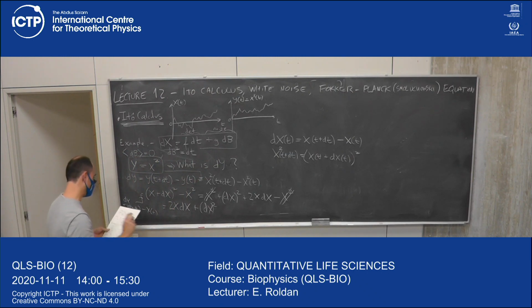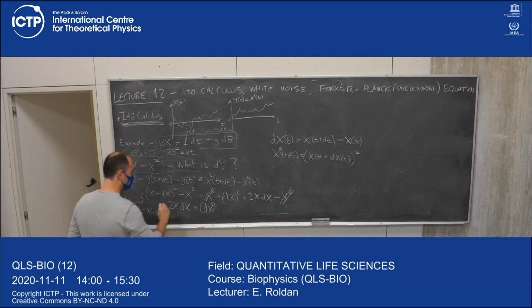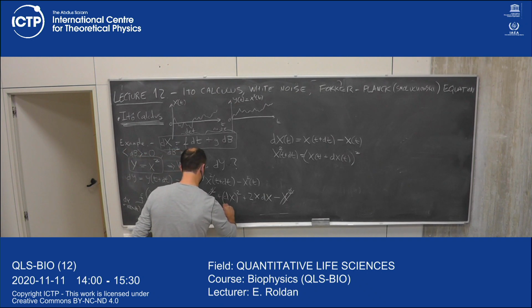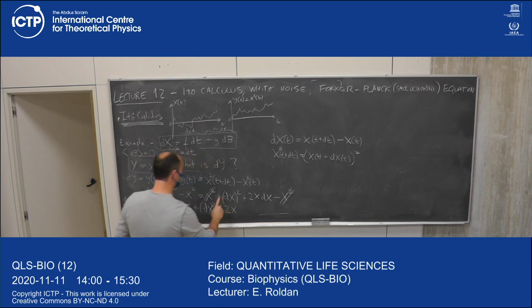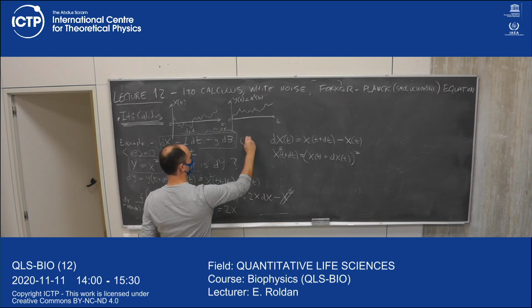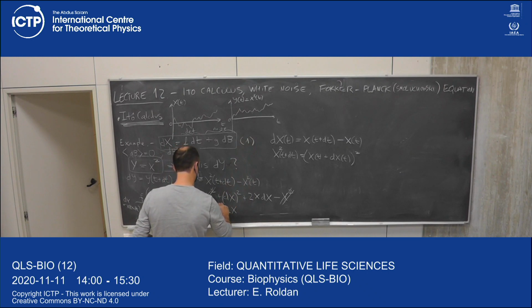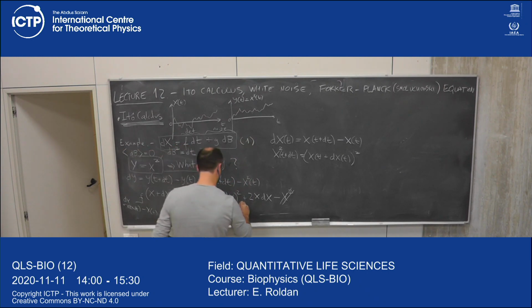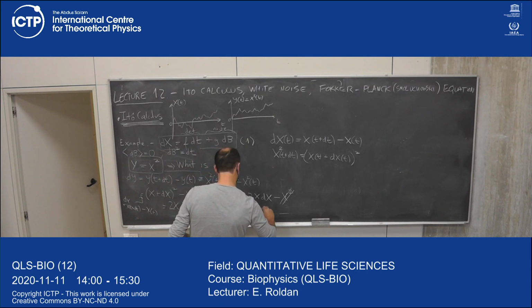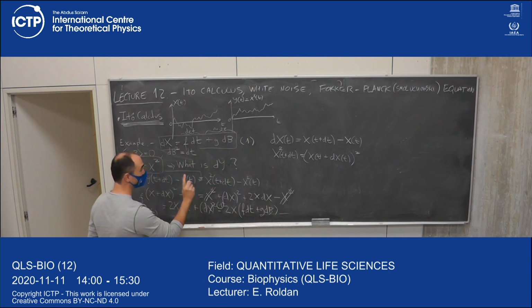So now let me just continue. Here, I'll do 2x. What is dx? I'm going to use equation 1: dx is f dt plus g dv. And now I do dx squared.